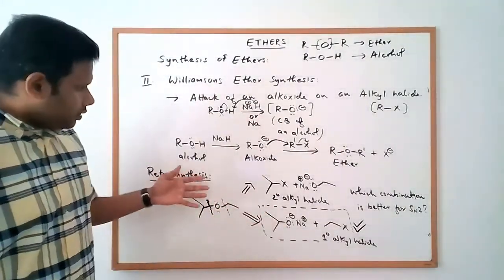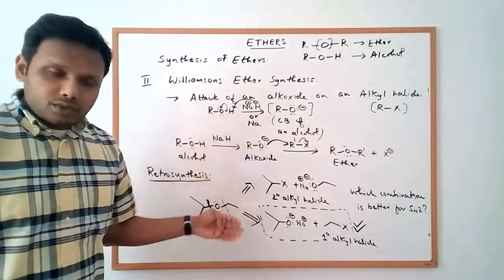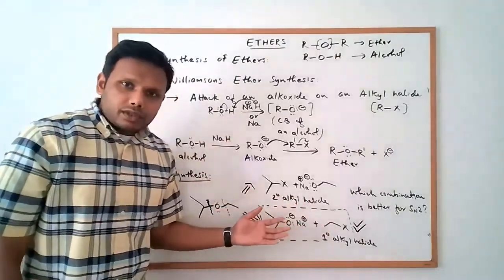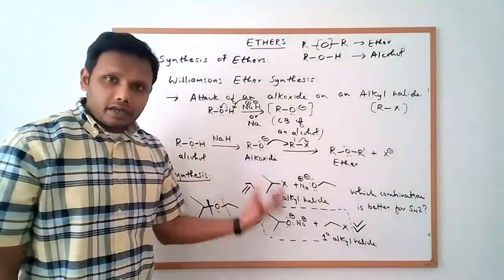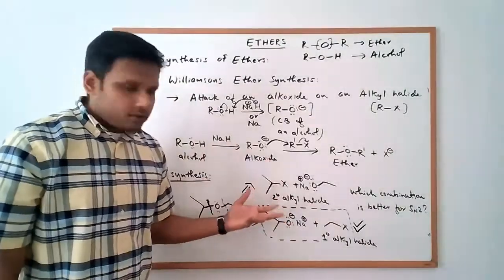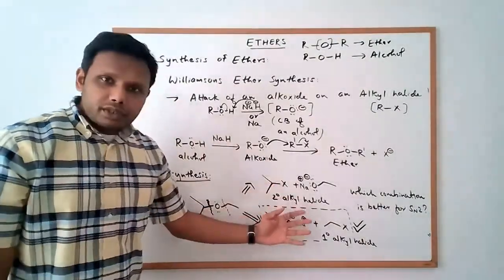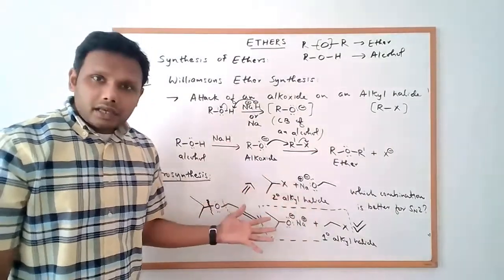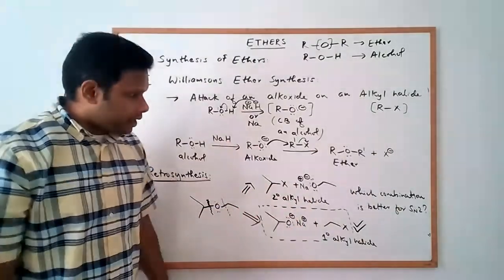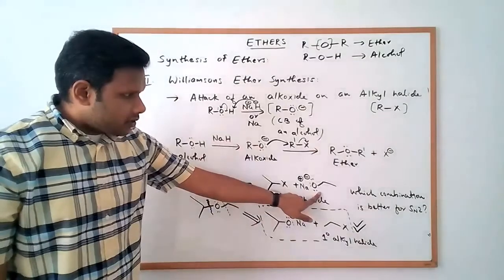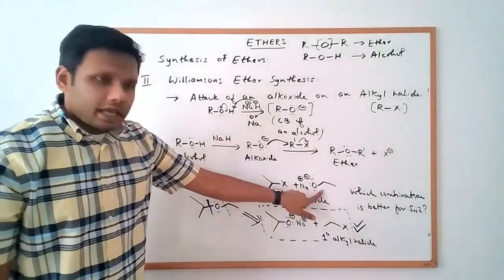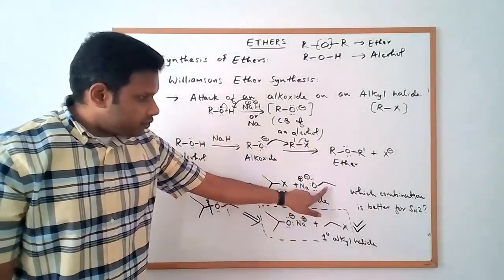Okay, so with Williamson's synthesis, we can do some retrosynthesis and determine which combination of the alkoxide and the alkyl halide would be better for doing this reaction. Now, if this is the alkoxide, the alcohol that it would be made from is going to be ethanol.